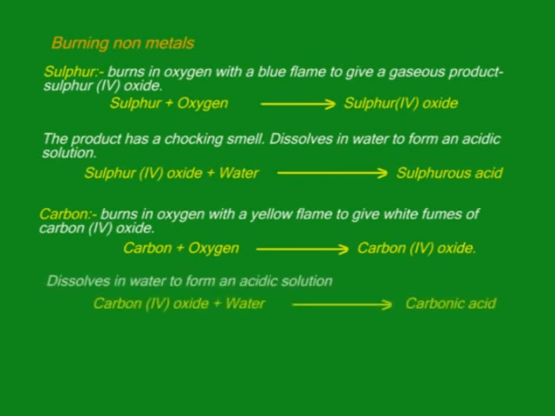When water is added, the solution turns litmus paper red. The reaction can be represented by the equation on your screen: carbon reacting with oxygen to form carbon 4 oxide. The carbon 4 oxide dissolves in water to form carbonic acid.